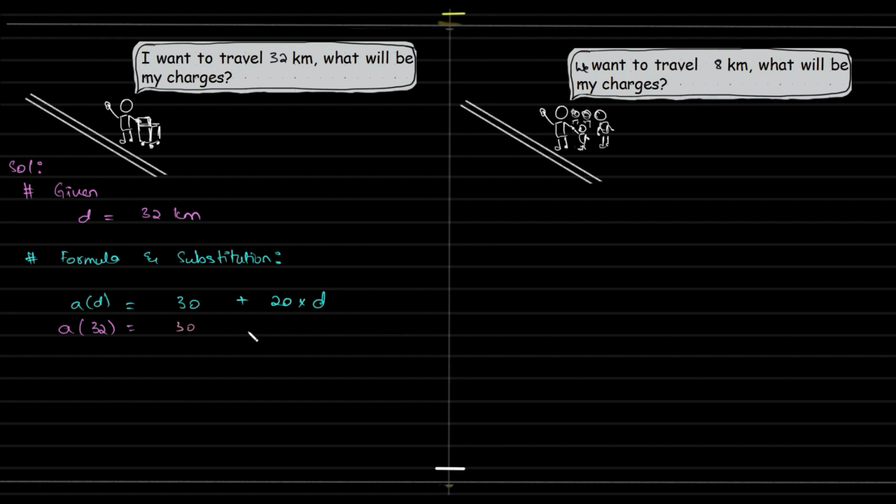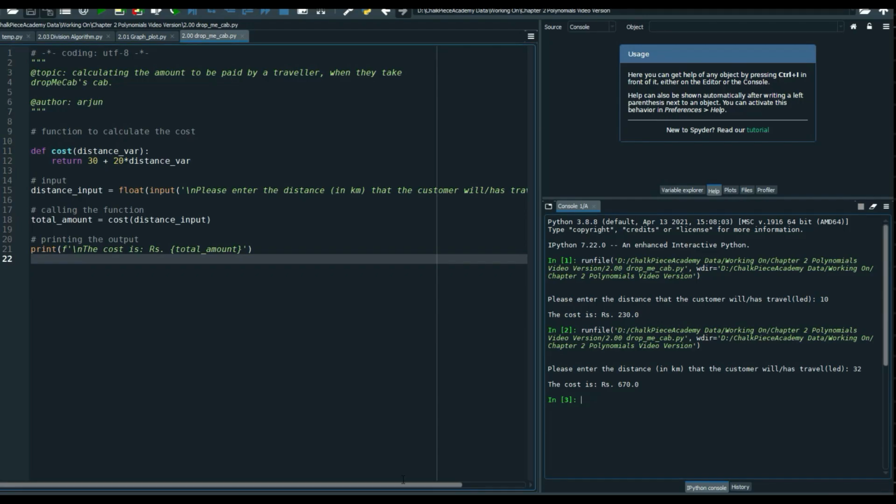So this will be 30 plus 20 into 32. As per BODMAS, it will be 30 plus 20 into 32. So this is 640, and the sum of this is 670. So the amount to be paid by that person is 670, and that's what our code calculation also told.